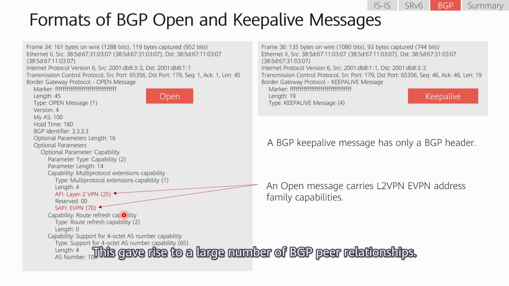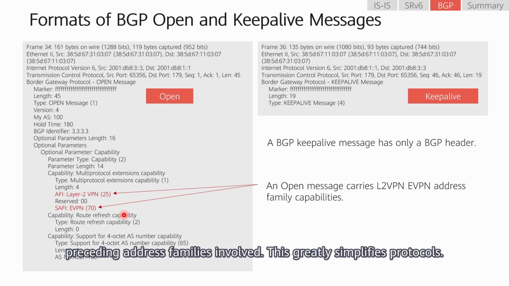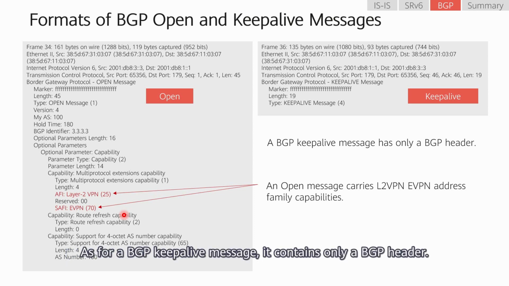This gave rise to a large number of BGP peer relationships. Because EVPN has now been extended to support L3 VPN, only one EVPN peer relationship is required to complete the tasks of the preceding address families involved. This greatly simplifies protocols. As for a BGP keepalive message, it contains only a BGP header.